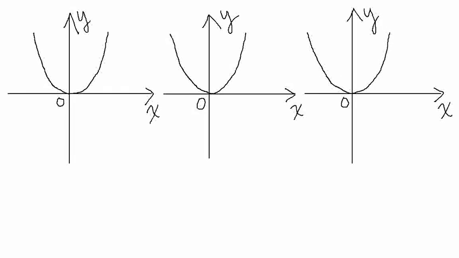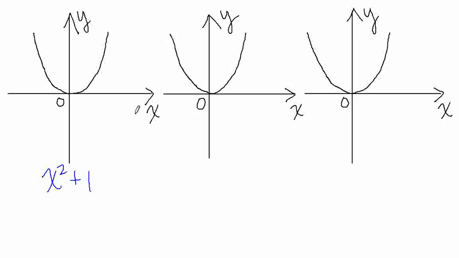Now let's see how certain transformations affect the graph of x squared. Suppose I added 1 to the expression x squared. Now, one way to understand how graphs of functions will be affected is to make a table of x and y values.